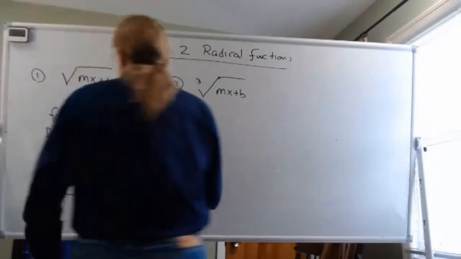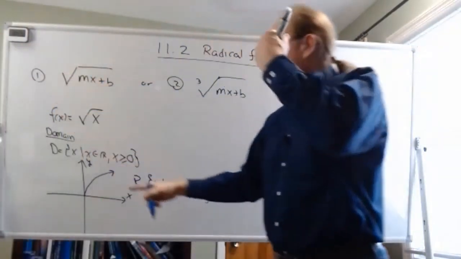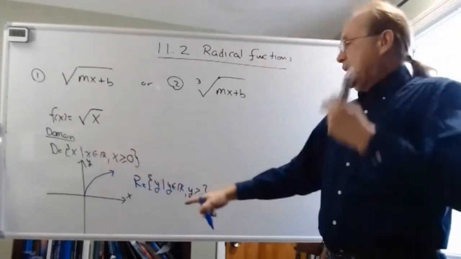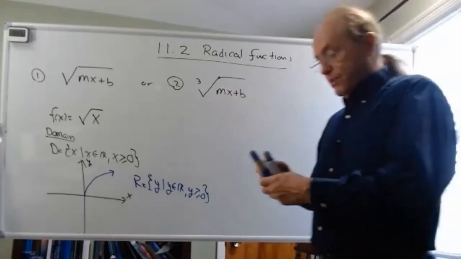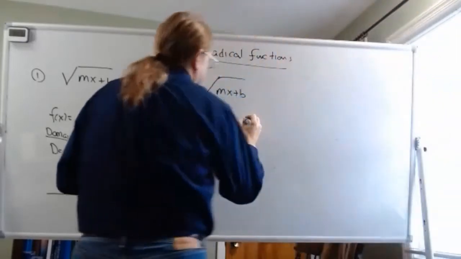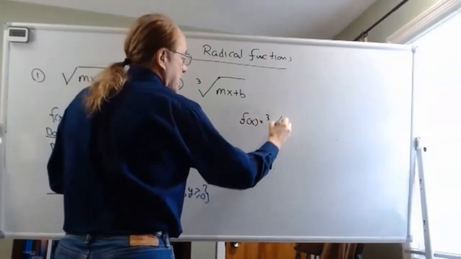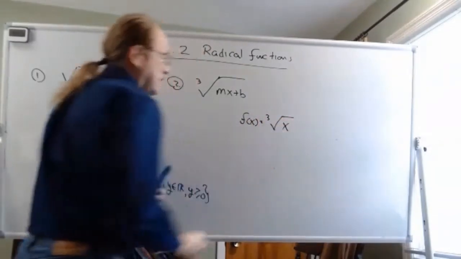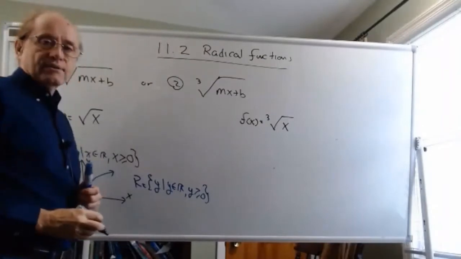So if this is a square root, meaning an even root, we have some restrictions on the domain and the range. Let's take a look at the cube root over here. Let's say my f of x is equal to the cube root of x. Well, now I can have negatives under that radical, because it's possible.